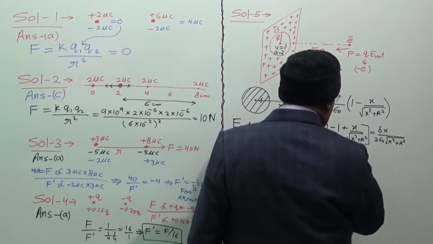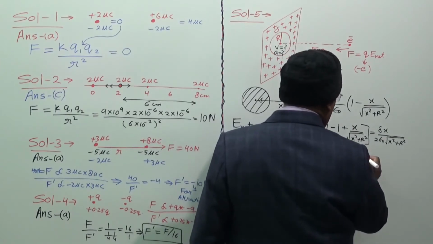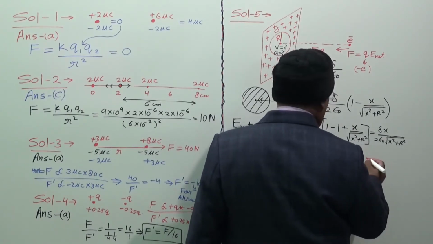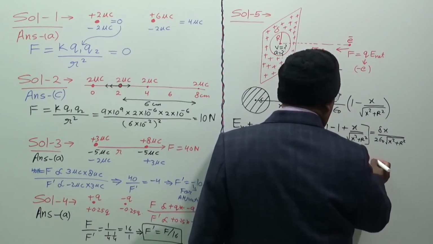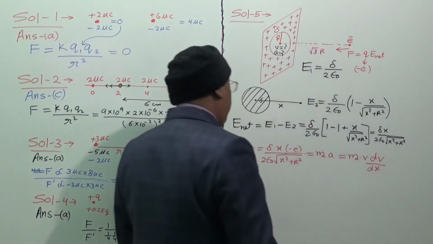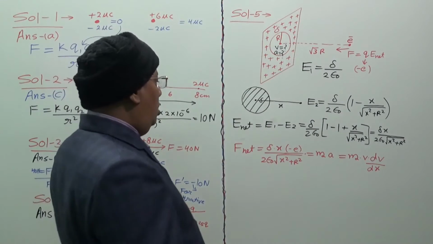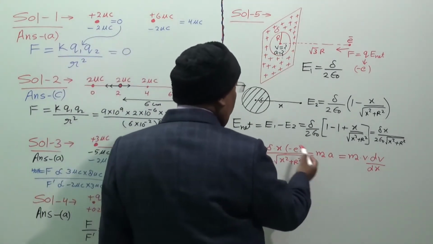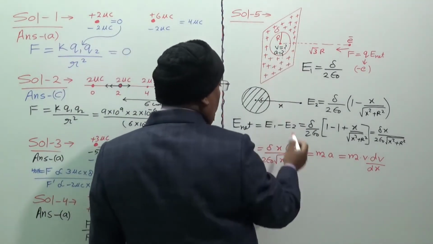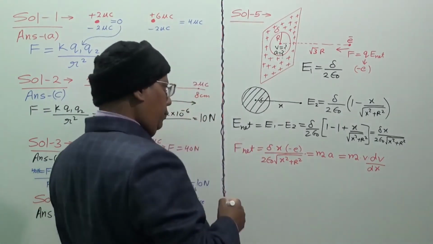MA can be written as M v dv by dx. So as far as acceleration is concerned, when x is equal to 0, acceleration will be 0.